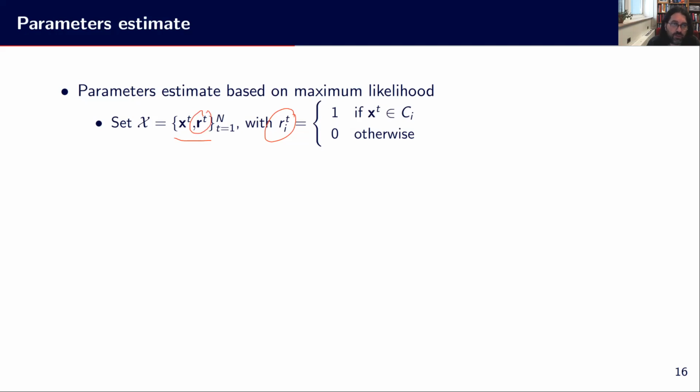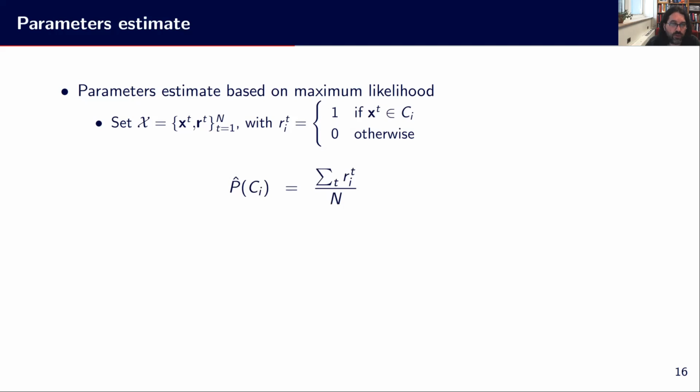Basically, if a sample belongs to class C3, for example, the r^t vector will be made of 0, 0, 1, 0, 0, 0, 0. So it's a one-hot vector, only one value equal to 1, all the others equal to 0. And the size of that r^t vector is the number of classes. So if we have K classes, we have K values in r^t.